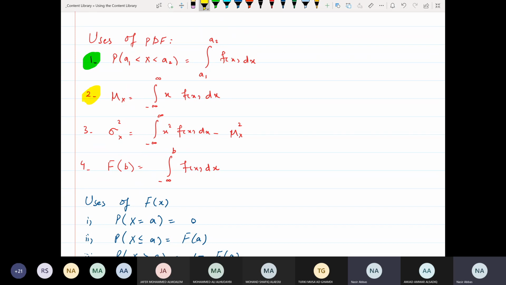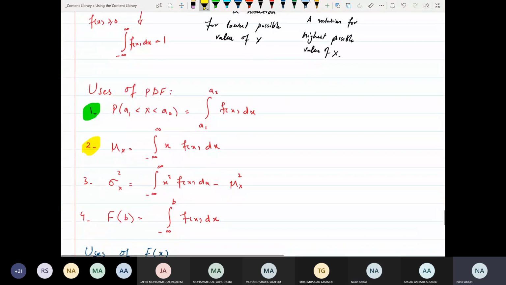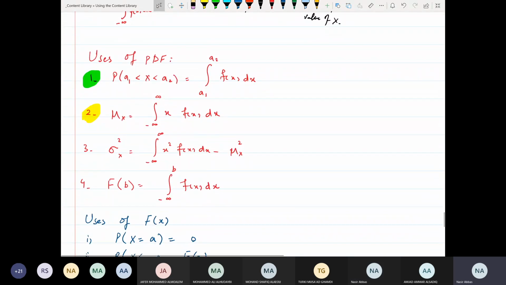If there is a question that says find the mean of x, you need the PDF. If I give you capital F of x, that is the CDF, and I ask you to find the mean, you need to convert the CDF into PDF first by differentiating it, and then find the mean.